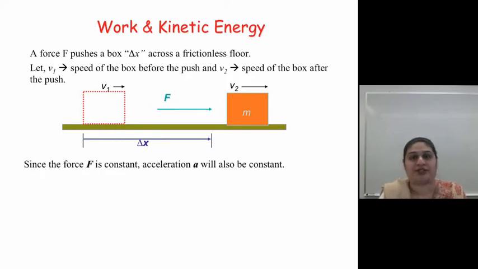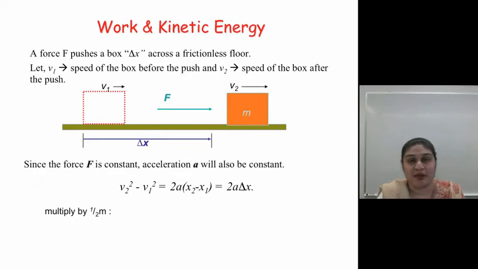For constant acceleration, we know the equations of motion and we know how to solve them. I'm going to choose equation number 3 in order to solve this. Equation 3 says v2 squared minus v1 squared equals 2a delta x. I can manipulate this slightly.